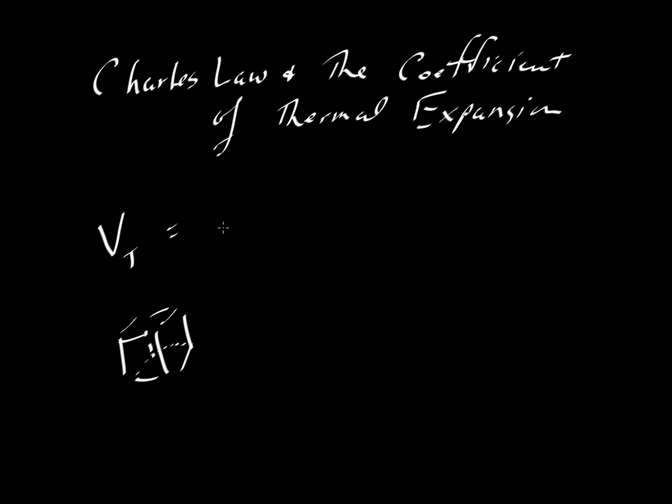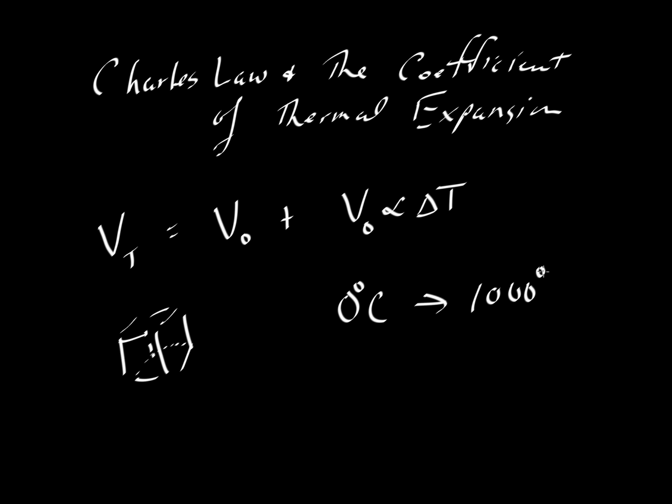This volume will be a function of whatever the initial volume is plus a correction, and that correction is that initial volume multiplied by the coefficient of thermal expansion multiplied by delta T, some heating or cooling. So in the last video, we looked at heating. We allowed the temperature T to increase from 0 degrees centigrade to 1,000 degrees centigrade.